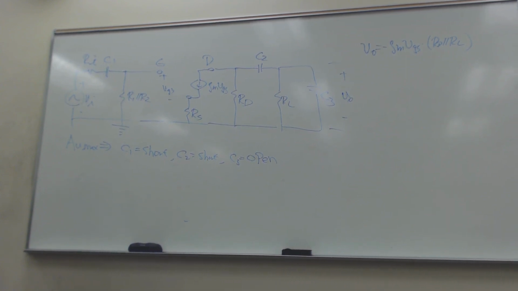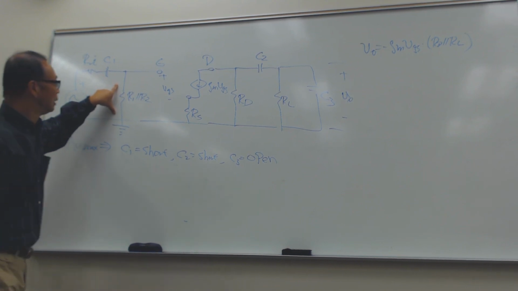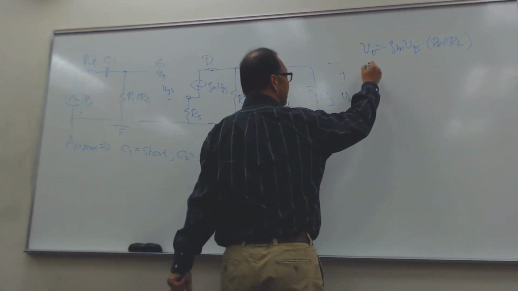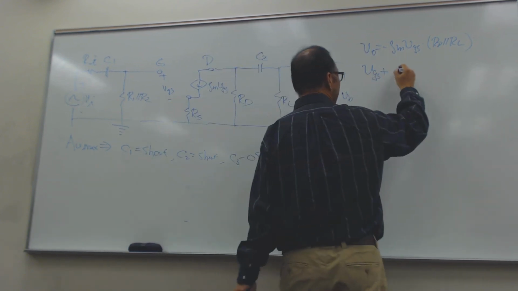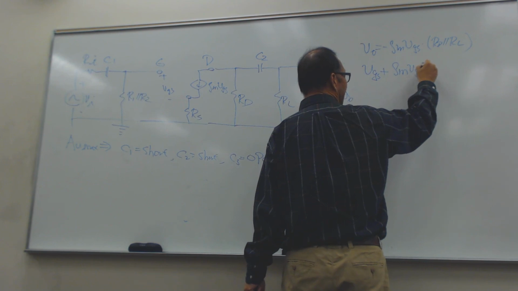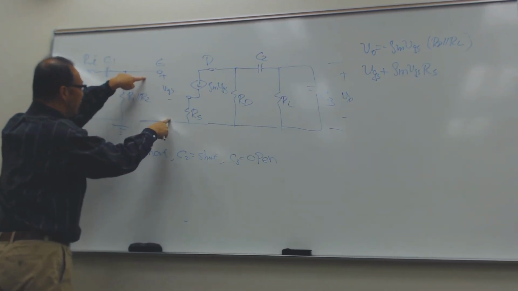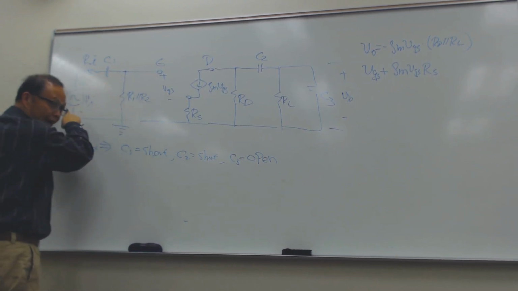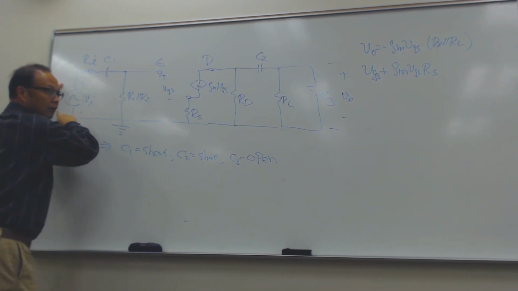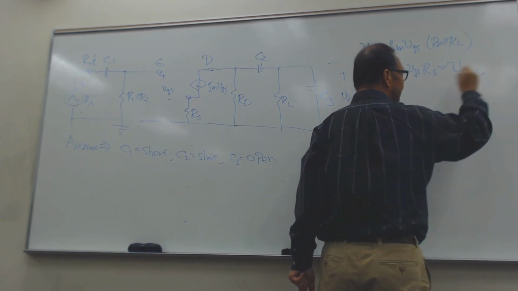So this voltage right here, this voltage is VGS plus that, which is GM VGS times R sub S, correct? Mm-hmm. That's the voltage. And that is across this. And this is a portion of that. Got it? So therefore, this is the voltage across R1 in parallel with R2, correct?